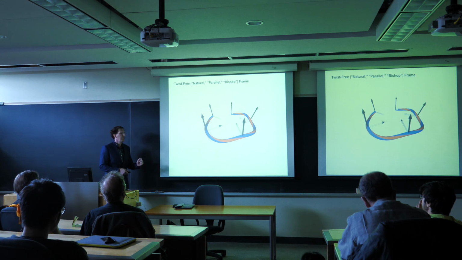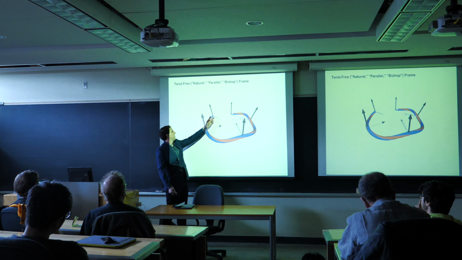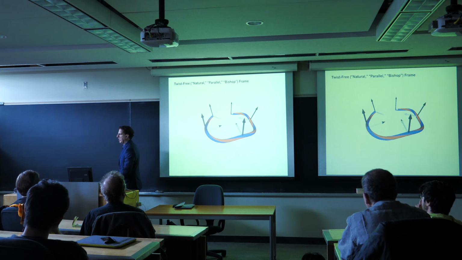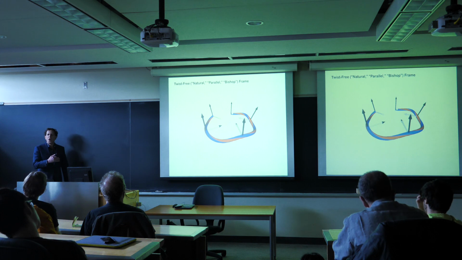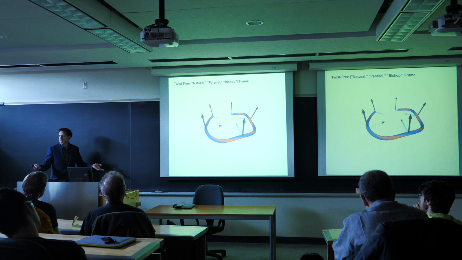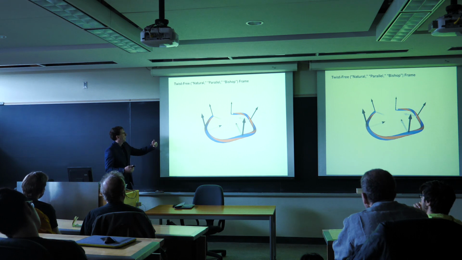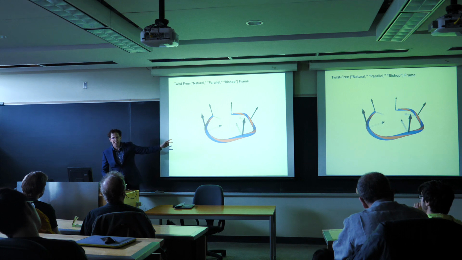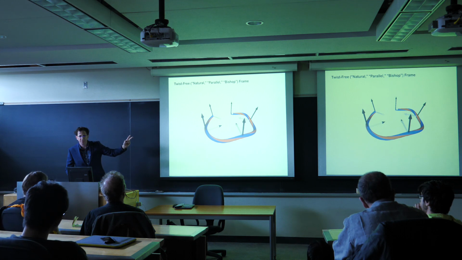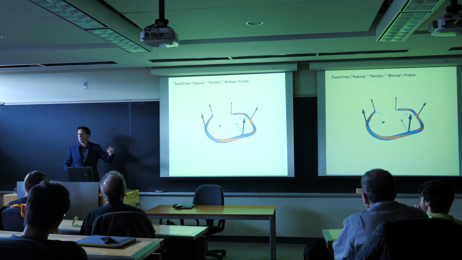And it's given by the ODE that says, start with a frame at one end of the curve, and move it along the curve in a manner that's as parallel or as natural as possible. So you always have to rotate it enough that the tangent matches the curve, but you don't want to introduce any extra rotation.